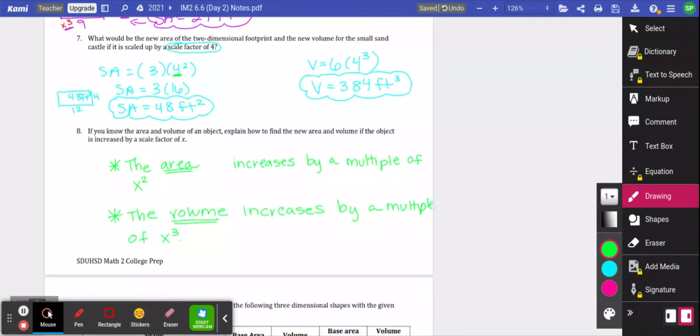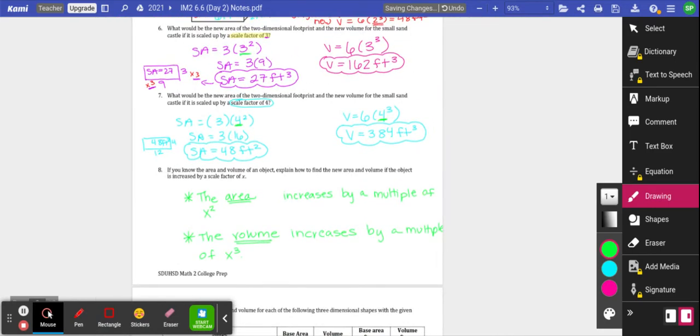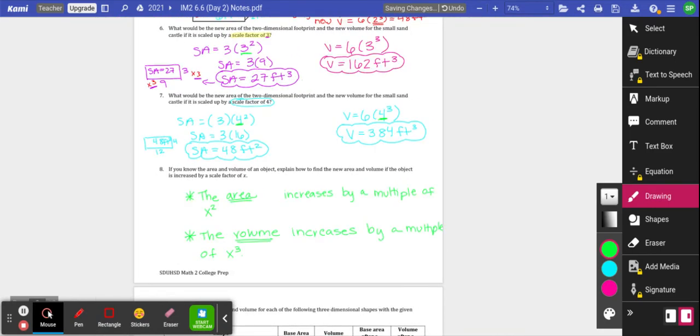So if we look at our problems previously here, our scale factor is 4, so we're going to be multiplying by 4 cubed for number 7. And then if you look right above it at number 6, our scale factor is 3, so we're going to be multiplying by 3 cubed. If it was a scale factor of 100, it would be multiplying by 100 cubed. Okay.